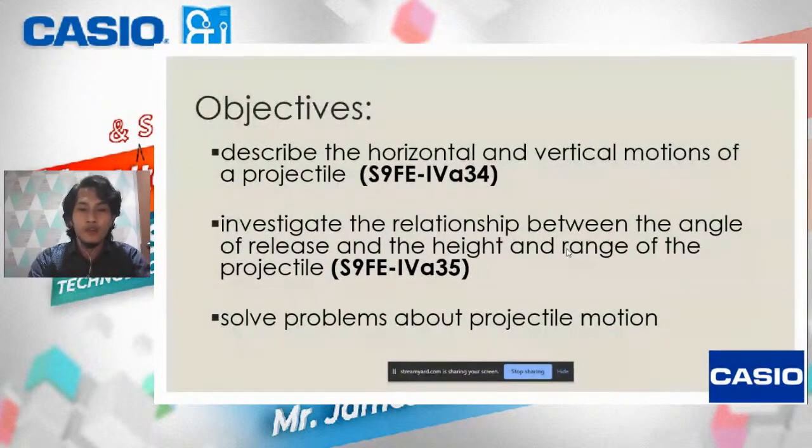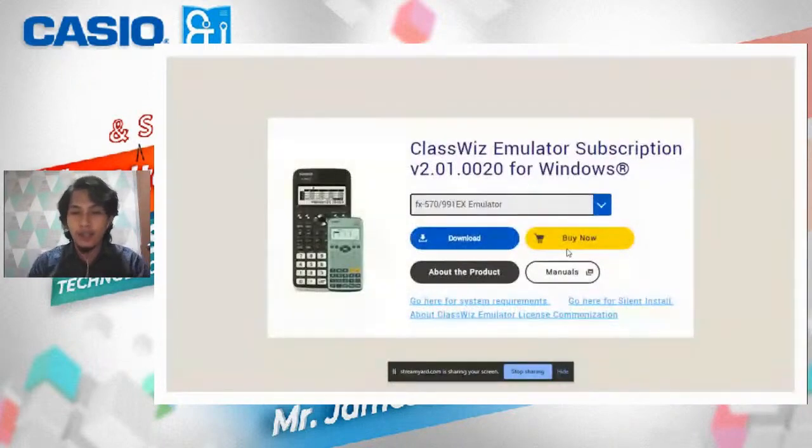Okay? I would suggest and encourage everyone to download our Casio software. There is a link that was given to us. Using this software is one of the most effective options, especially now in the pandemic, when our setup is online class. If we have a calculator and want to show it, it is difficult.